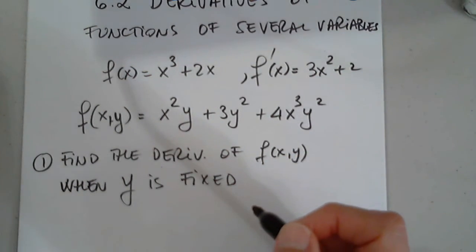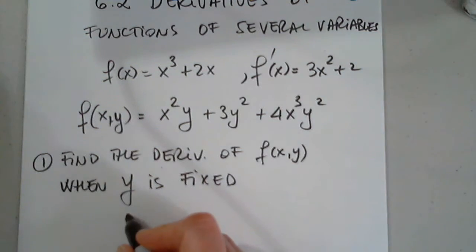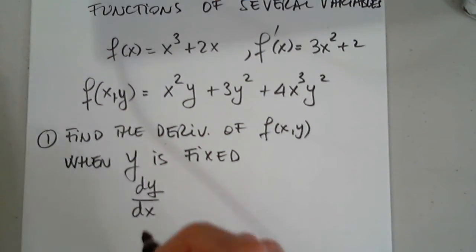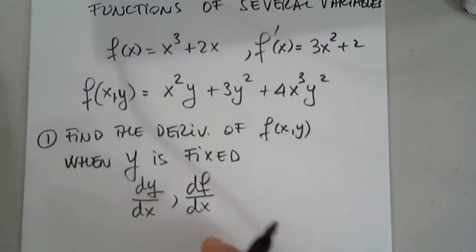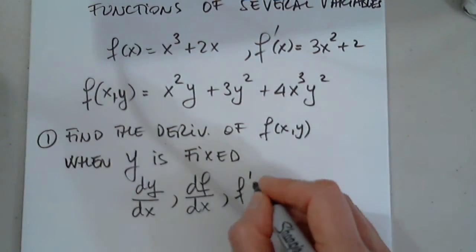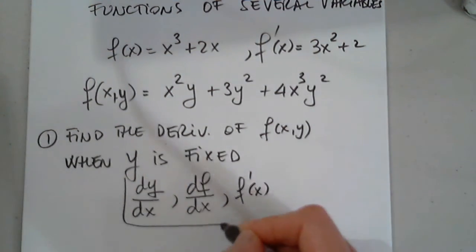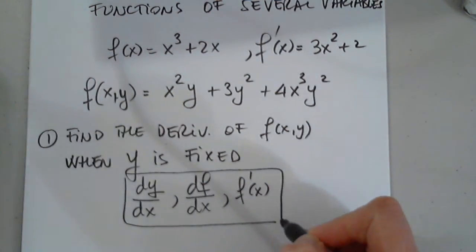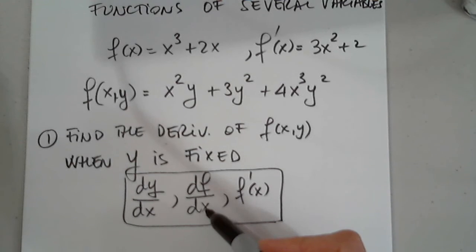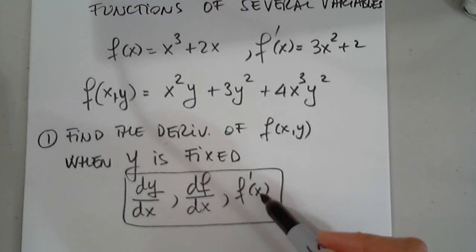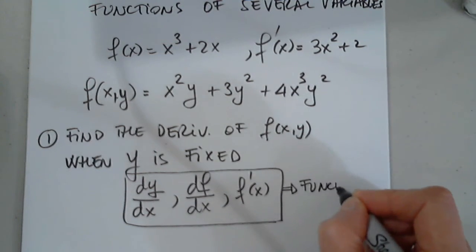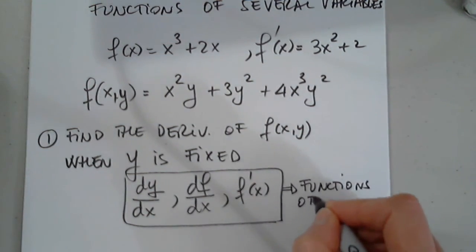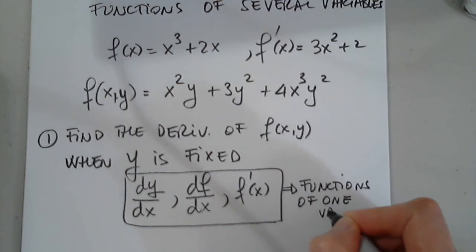And that notation is not going to be dy, do not write it. It's not going to be dy over dx, it's not going to be df over dx. The notation of dy over dx, df over dx, and f prime of x are specific for functions of one variable.